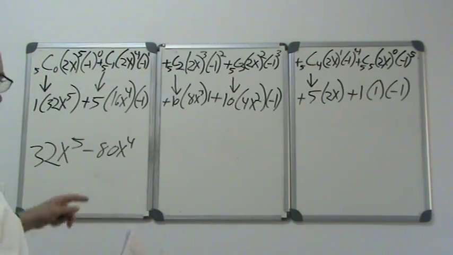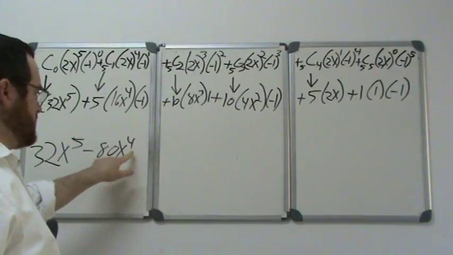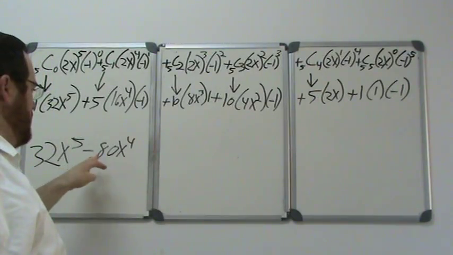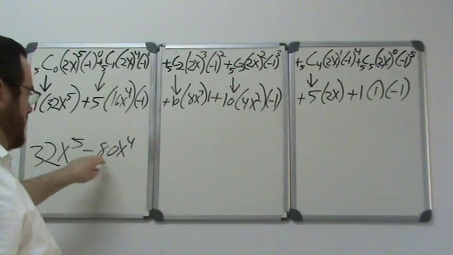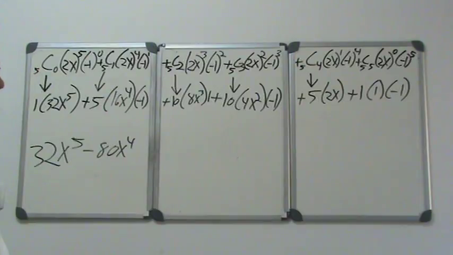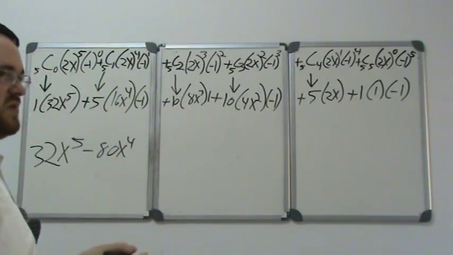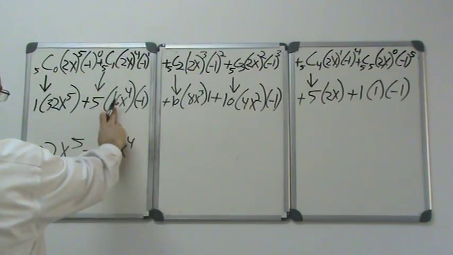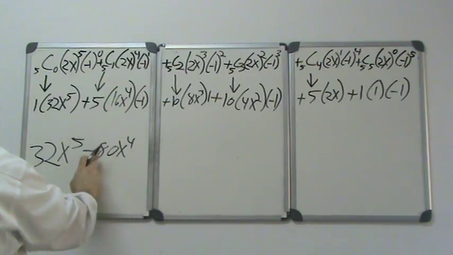This negative just means either 80 is negative and x to the fourth power is positive, or x to the fourth power becomes negative and 80 is positive, which is a little more difficult, but it's possible to do that too. You have x to the fourth power in parentheses and the negative on the outside.